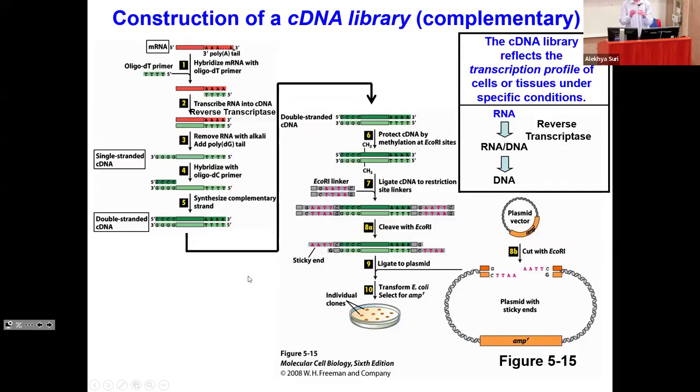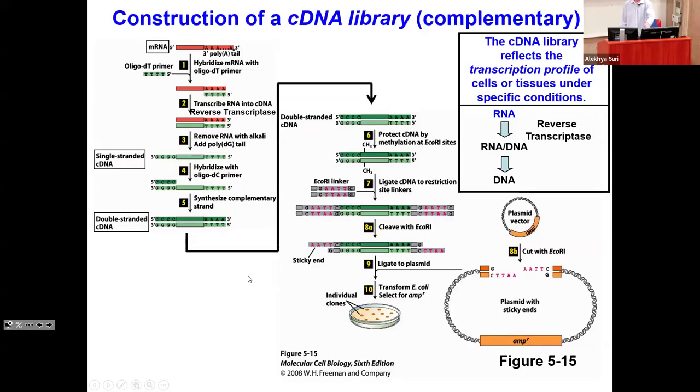So both strands are DNA, and this you can use for cloning purposes to put it in a plasmid. So you want to memorize: reverse transcriptase produces a DNA-RNA hybrid using an RNA template.